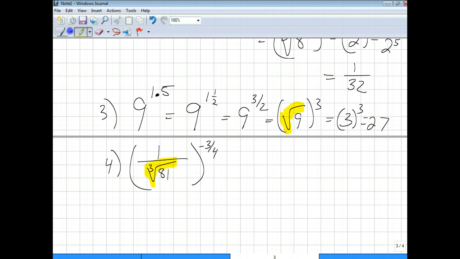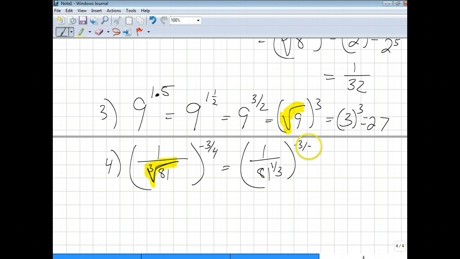Okay, so this as a radical is going to be a 1/3. Then, using the property of exponents, could I write that as 81 to the negative 1/3 raised to the negative 3/5?